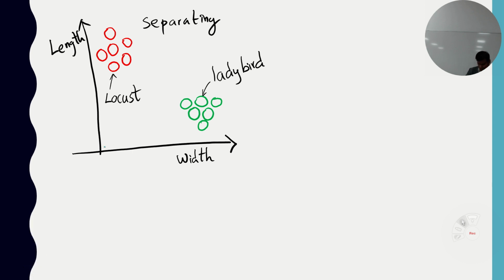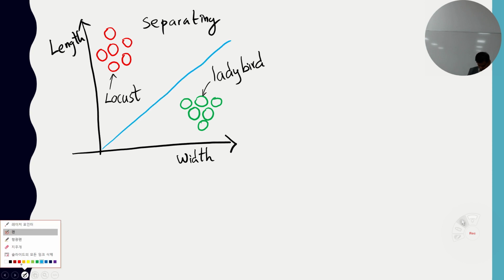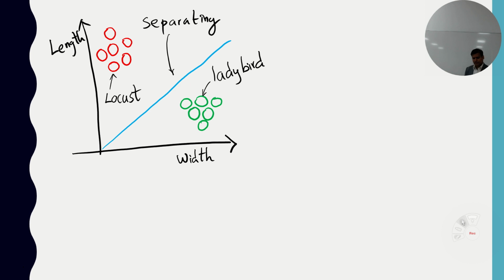How about this one? Well, this is in fact quite good because it clearly separates the two bugs, the locust and the ladybird. So you can clearly say that this is in fact a perfect classifier. Given these conditions, we can classify any bugs that come in.